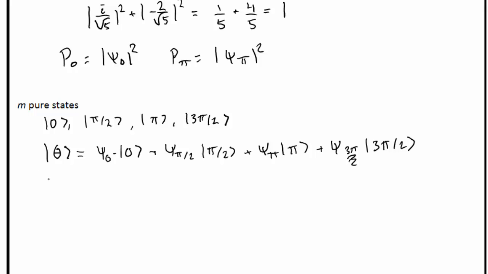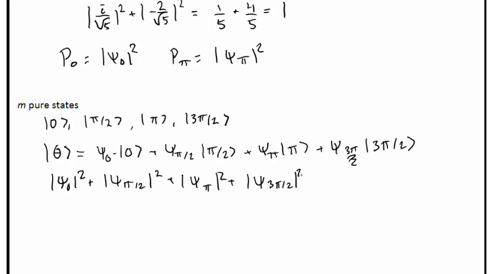We say that this state is normalized if the sum of squares of all these coefficients is equal to 1. If the state is normalized, then the probabilities are simply given by p0, the probability of finding it in the right hole, is then phi 0 square.